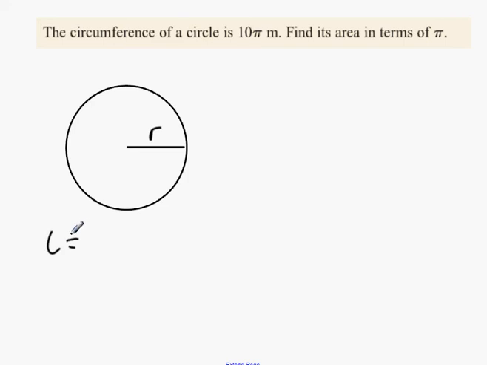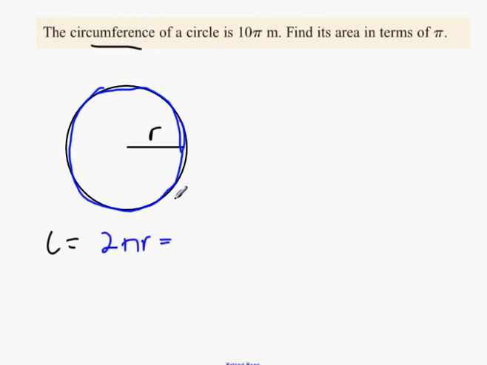Ryan? No, it's not the diameter. Circumference? That's the area, I'm afraid. So 2 pi r is this blue part here. Is everybody happy with that? The blue part is the circumference. You circle it. It's 2 pi r.